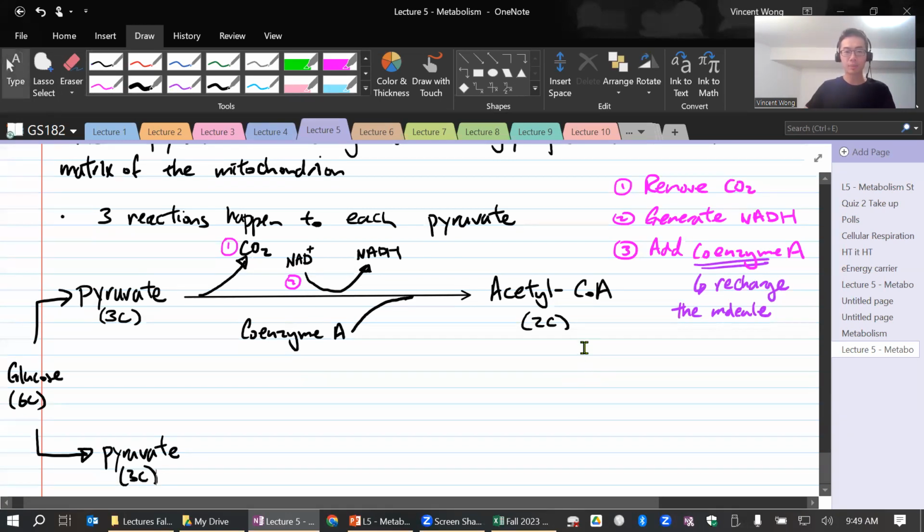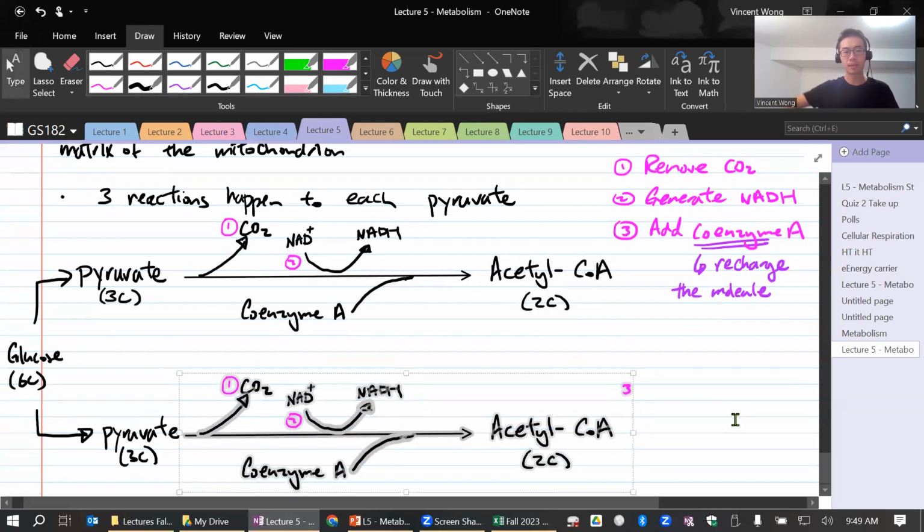And each of the pyruvate will undergo these 3 steps in the matrix. Okay. So this is step number 3. So in the end, by the end of pyruvate oxidation, we have 2 molecules of acetyl-CoA.